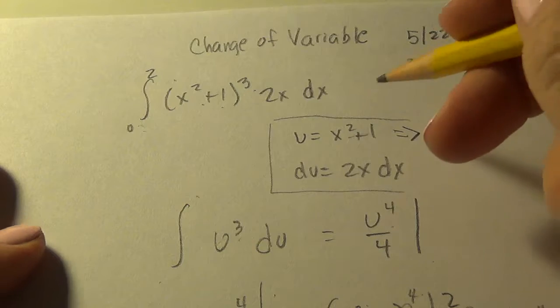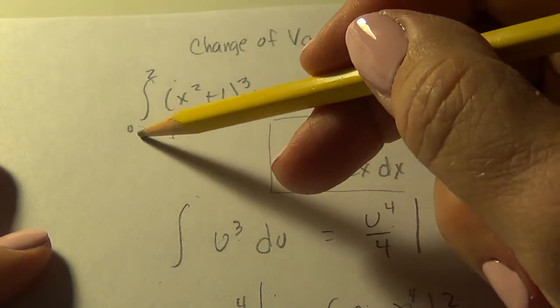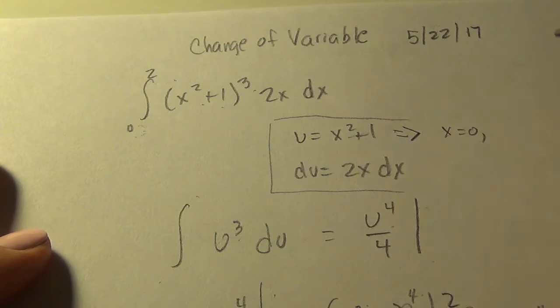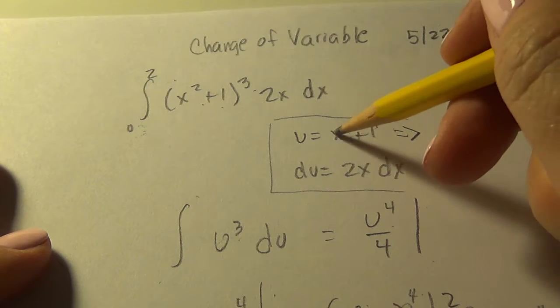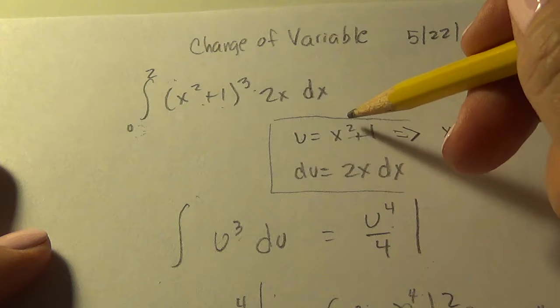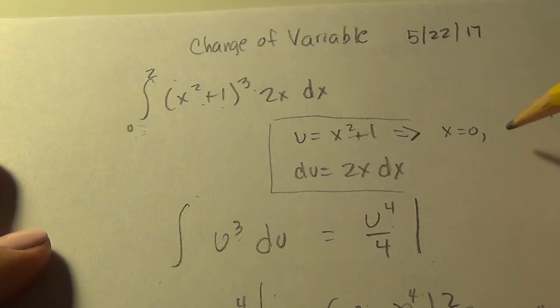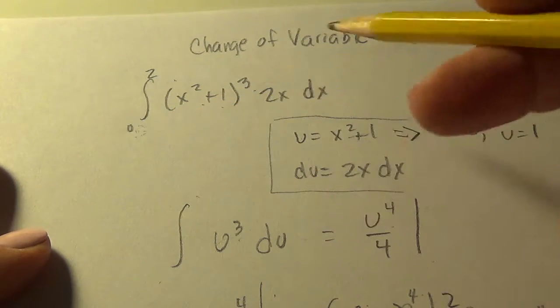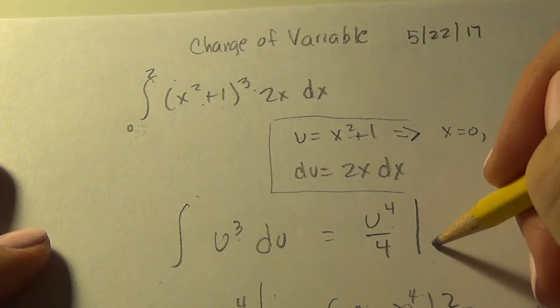So when x equals 0, what does u equal? We just put a 0 in for x, and you see u equals 0 squared plus 1. u equals 1. So my lower limit of integration is going to be 1.